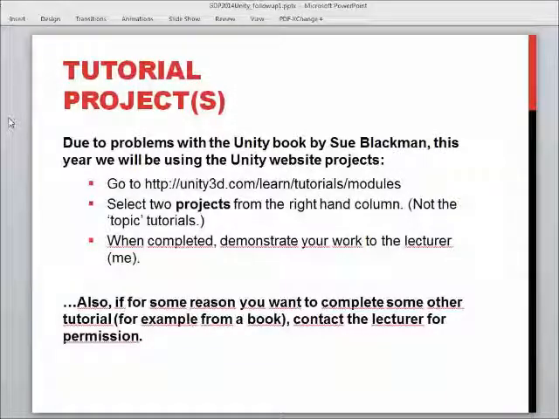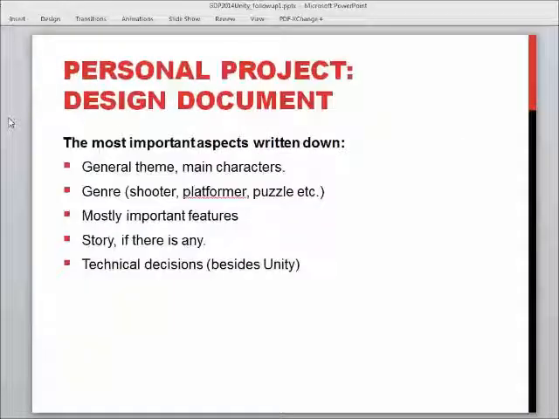If you want to use them, you're free to do so, but they may include information which is no longer updated, or they may not include all the newest features of the newest Unity engine's abilities. And especially important is the fact that when you are done with the tutorial projects, you should demonstrate your work to me and draft your own personal project documentation.